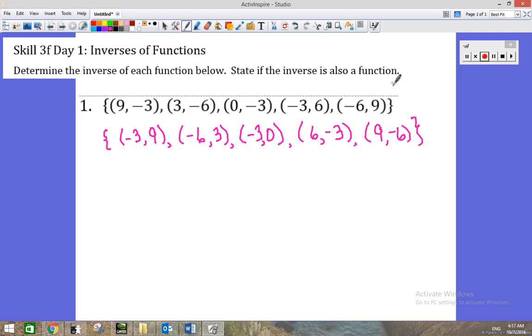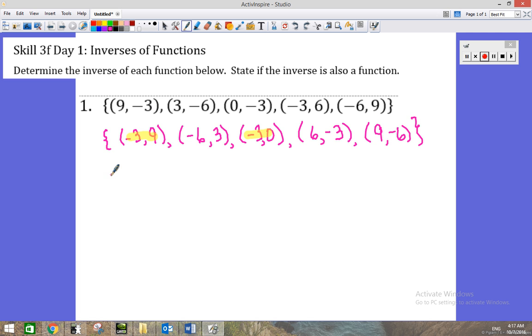Is this inverse a function? Well, no, because if I asked you what is negative 3 related to, you could say 9, or negative 3 is related to 0. If it were a function, negative 3 would be related to exactly one value, not two values.